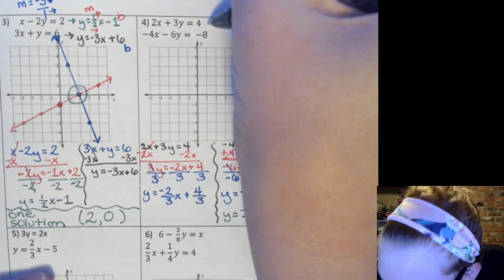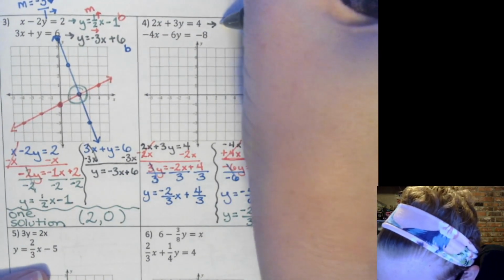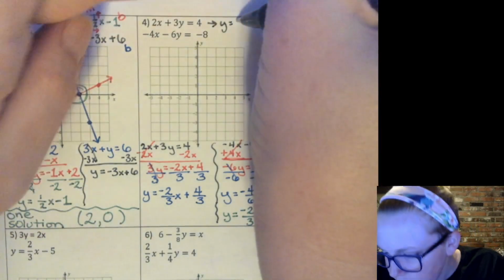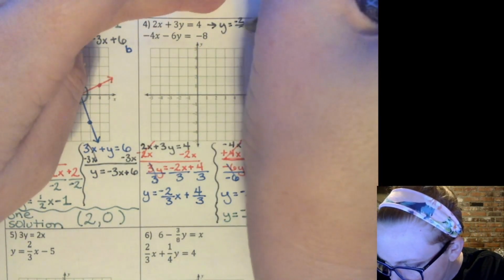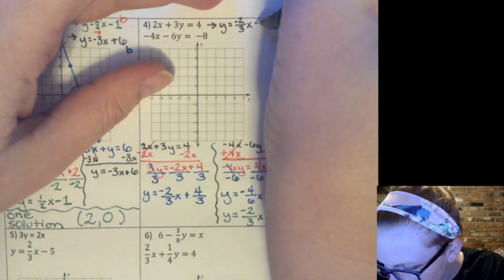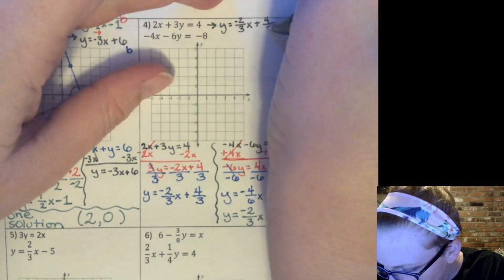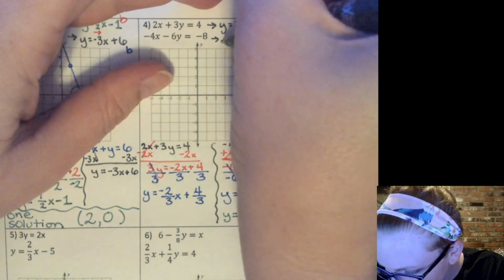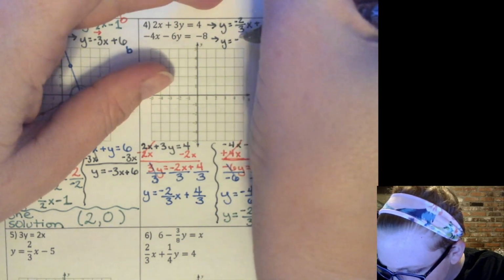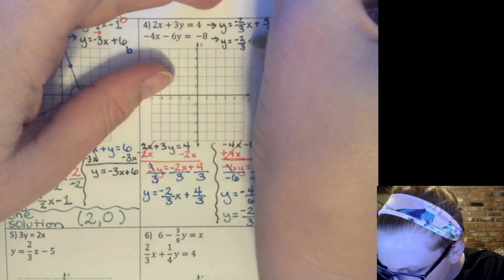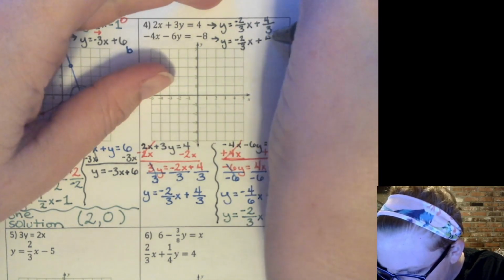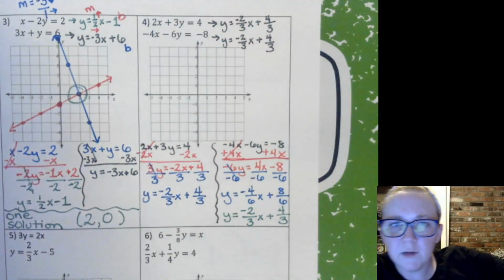So let's see, I'm gonna write them up here so we can look at them side by side. -2 plus 4 thirds. Wait a second. Y'all see what I see?